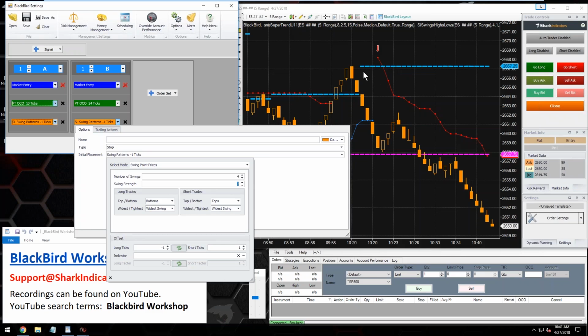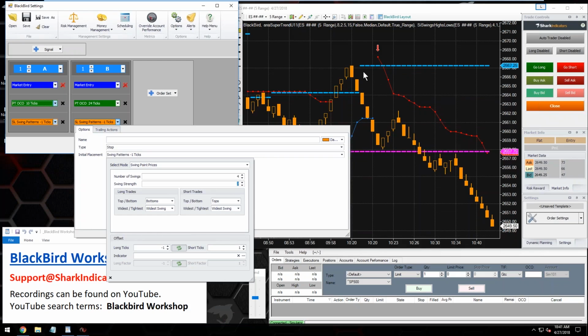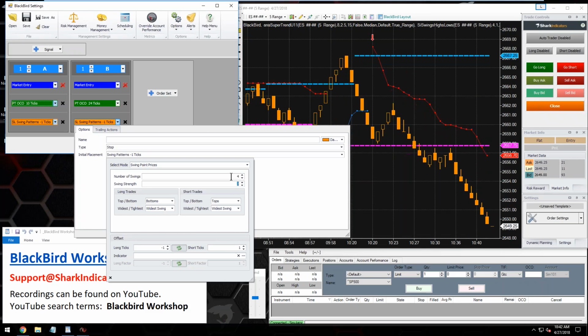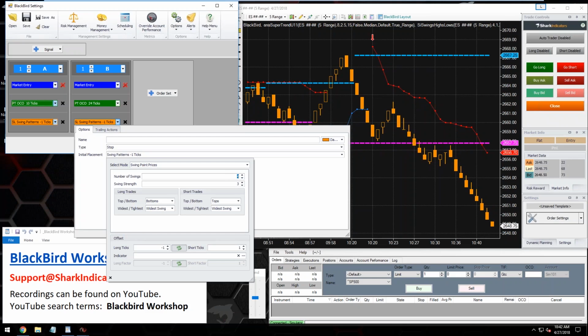When you're using indicators to set stop loss prices, you have to make sure your indicator settings provide a plot to place the order on. That will be the biggest obstacle for people to overcome: making sure your indicator is providing a plot that the stop loss order can be set to.